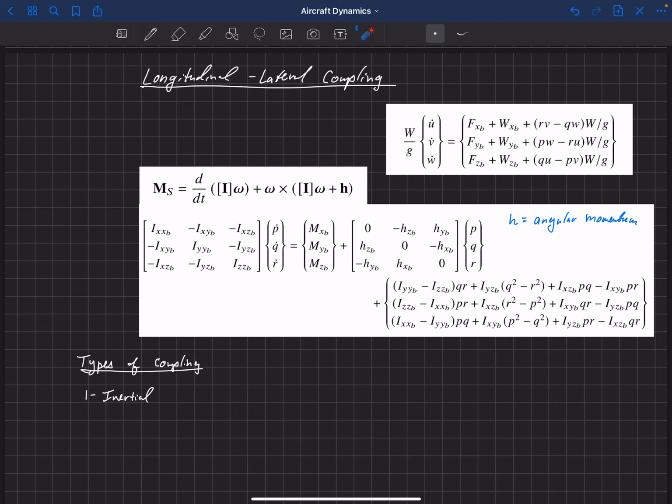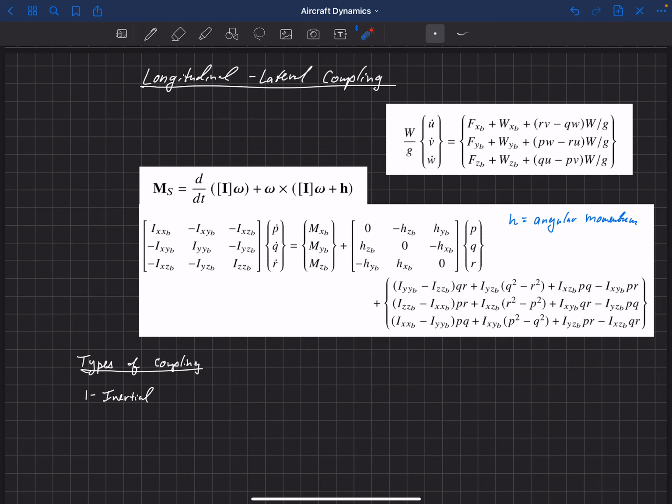So for example, in the moment, the center equation here is our pitching moment, right? And so we can see that if we have some XY component, so this is some asymmetric inertia, that will get multiplied by our roll rate here. If we have some change in roll rate and some asymmetric component here, then that will create a change in our pitch rate.